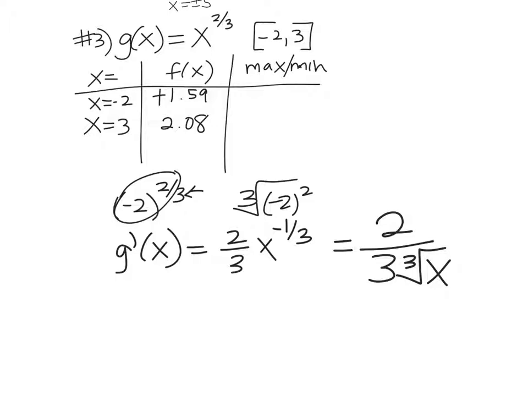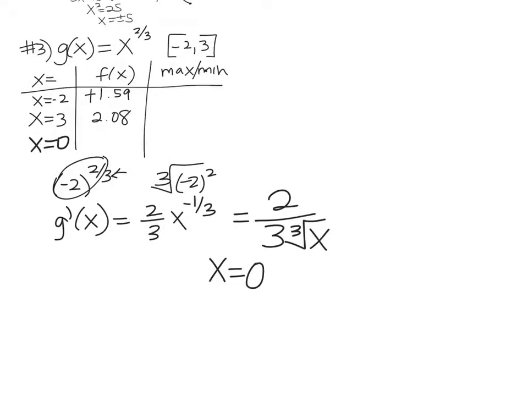Where is this undefined? At x equals, I think someone said it, 0. What if you plug 0 in for x? Cube root of 0 is 0 times 3 is 0, so you get 2 over 0. Okay? So that is a critical point. Just because the derivative doesn't equal anything there, we still need to list that as a critical point. Yeah, you know what I like to do?